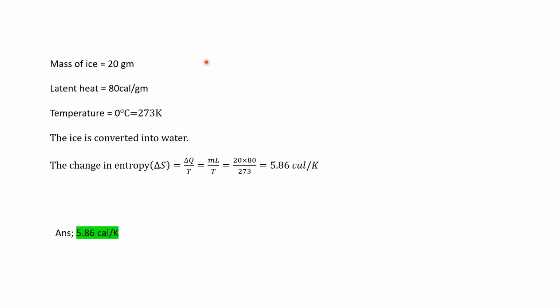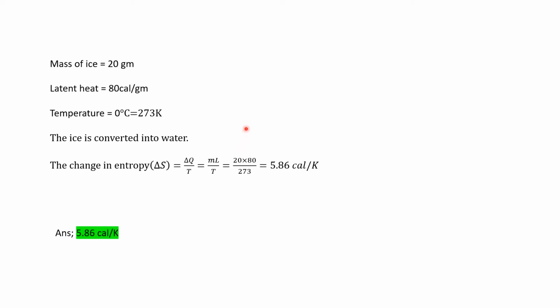So in the question it has been given the mass of the ice as 20 gram, the latent heat is 80 calorie per gram, the temperature is 0 degree Celsius. By converting it into Kelvin we get 273 Kelvin, and the ice is converted into water. So here the change in entropy, that is del S, is equal to, we know that, del Q by T. We can use the formula for del Q, m L by T, that is 20 into 80 by 273.